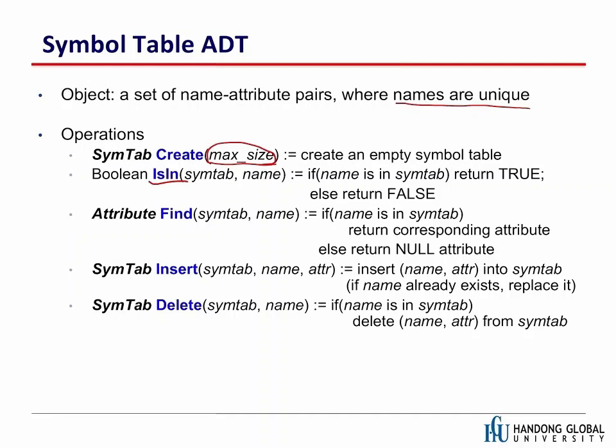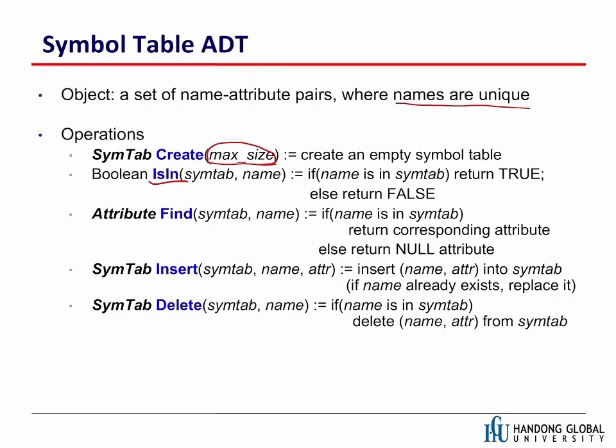Is in. Is in means we want to check if this name is in the symbol table. For example, let's assume that we have a dictionary, and as I said, the names are the words and the attributes are the explanation or description of the word. Then the is in function is checking if one specific word is actually in the dictionary. So when we have one word, we might not be sure about this word.